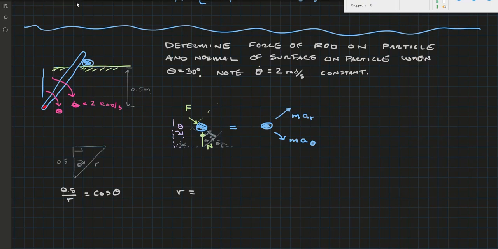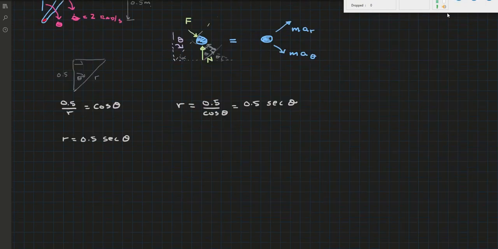So r is actually 0.5 over cosine theta, and I don't want to play around with this in the denominator, so what we're going to do is 0.5 secant of theta, which complicates the differentiation. So if r equals 0.5 secant of theta, then, we'll look this up.